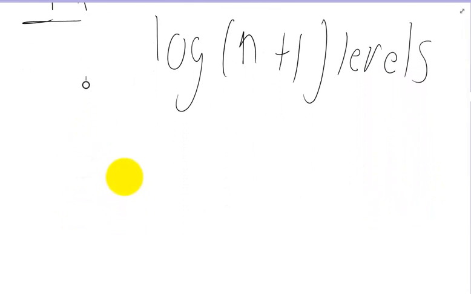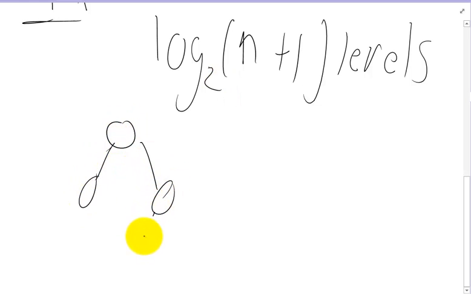And you know that because, let's say for instance, and it's log base 2, sorry, I don't want to confuse anyone. If I have a regular binary tree with say 4 elements, log 2 of 4, I believe, is going to be 2.